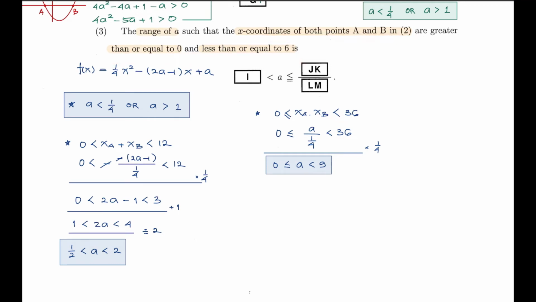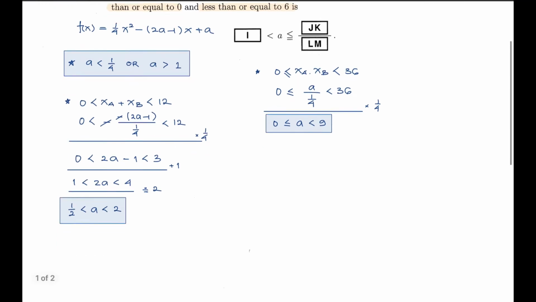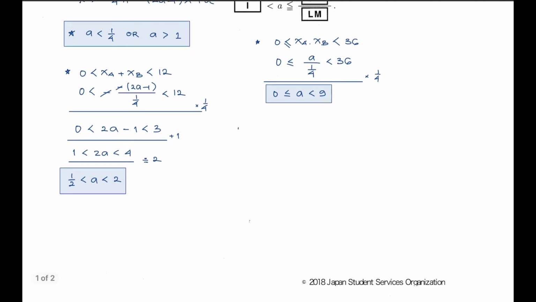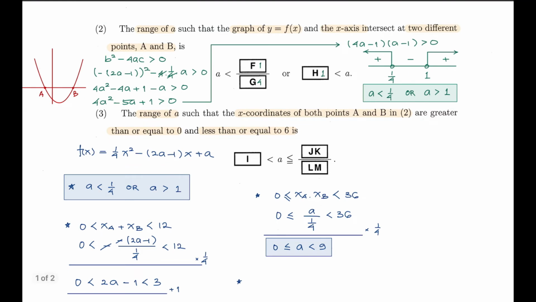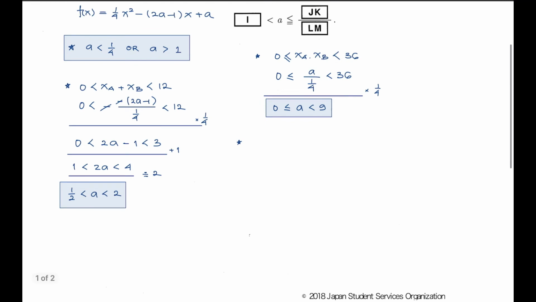And then what else? What other condition must be satisfied so that the x coordinates of both points A and B are greater than or equal to 0 and less than or equal to 6? The last condition that must be satisfied is the value of y. If A and B, let me draw another parabola, something like this, and then like this.